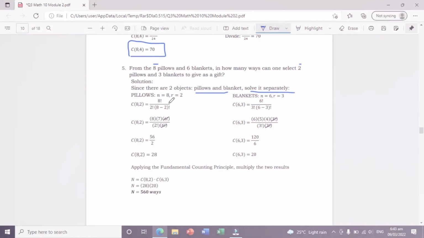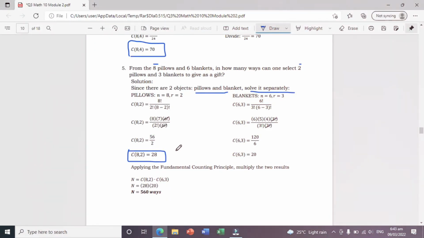So n equals 8, r equals 2. This will be our solution. Look at the solution and why it goes only up to 6 factorial. Cancel. Okay, so C(8,2) equals 28.